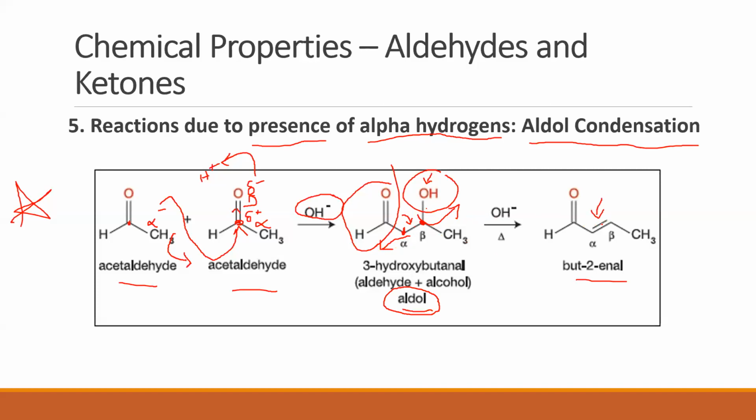A double bond is formed between the alpha carbon and the beta carbon to form an alkene. Clear? And it's an enal because I have a double bond and an aldehyde group. This reaction is called aldol condensation. If it is only the first step where you get an aldol, then the reaction is called aldol reaction. Very, very, very important reaction.